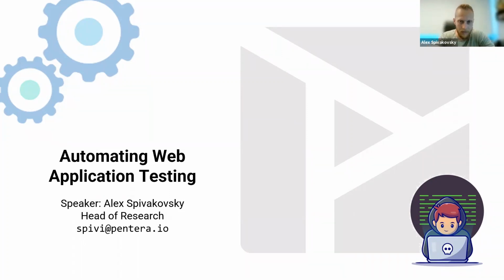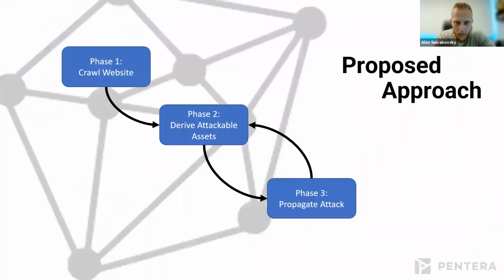The proposed approach in the domain of web applications is this: once I have a web server and the application, I will describe the main phases. The first phase is to create a crawler. I will elaborate, but crawling basically means learning from links and smart guessing the various routes of the web application.